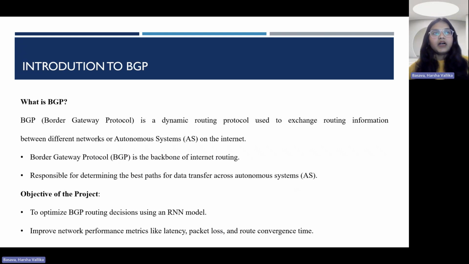This will also help us understand how the traditional BGP routing protocol works and how our model is going to predict the optimized path when given information. This is to improve network performance metrics like latency, packet loss, route convergence time, and everything.